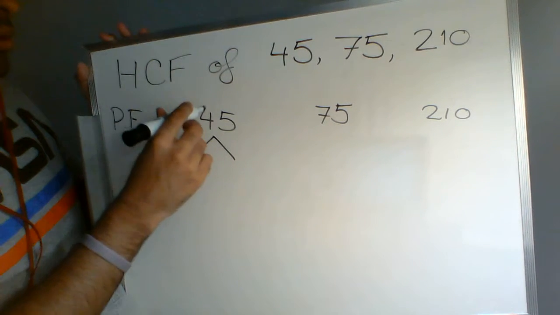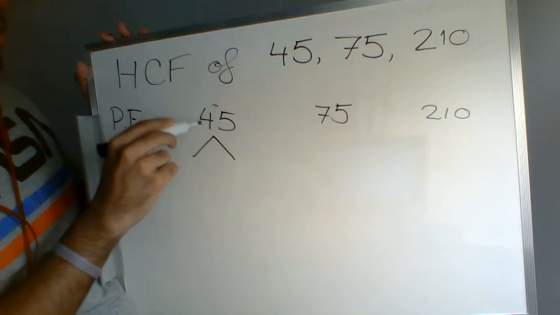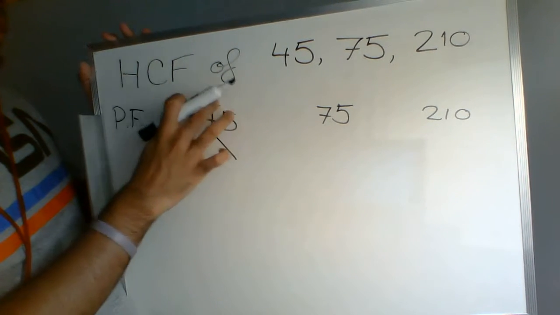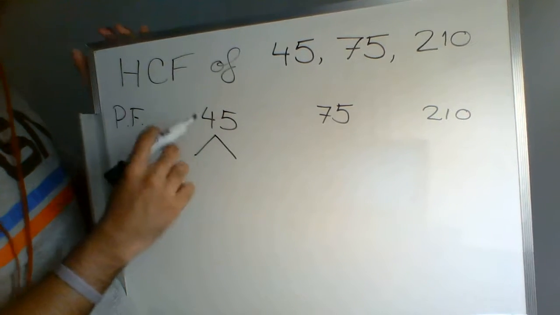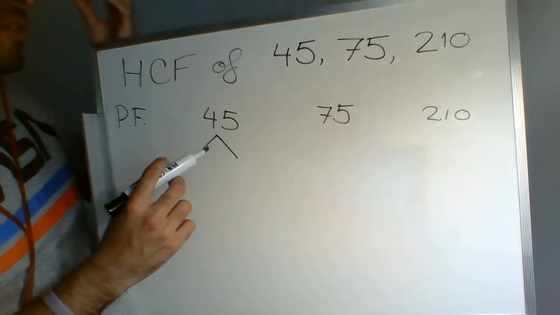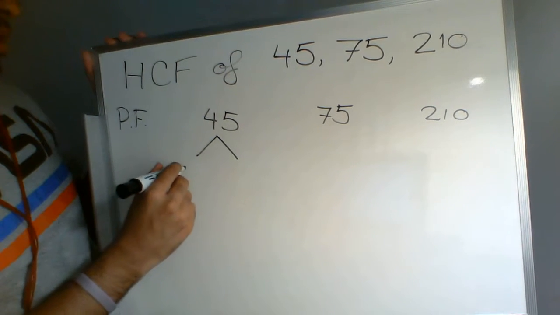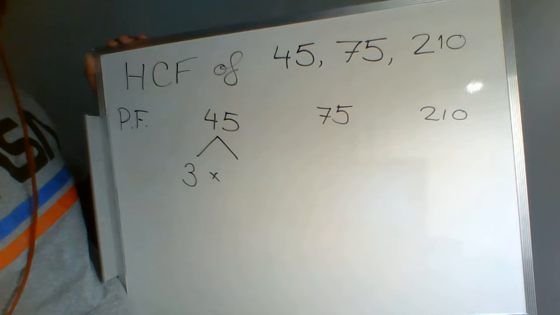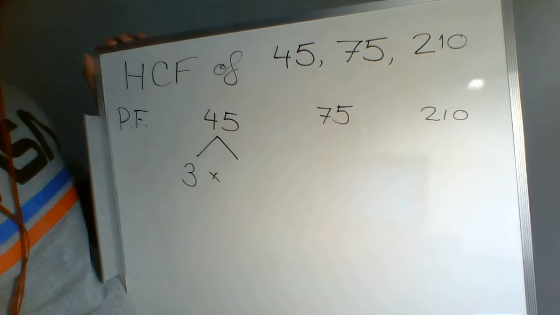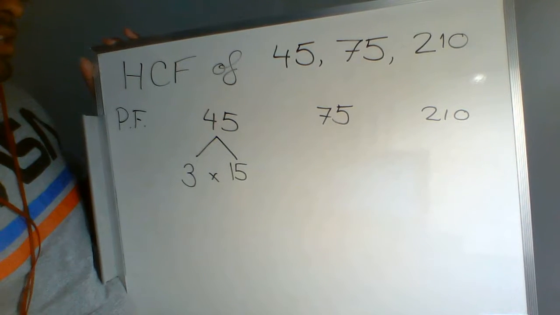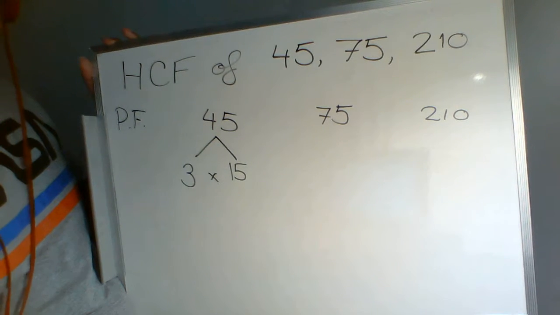If you wanted to check that, you could do 4 plus 5, and you get 9. 9 is divisible by 3, therefore this number in its entirety is also divisible by 3. So we put a 3 here, and then we ask ourselves, 3 times what number is going to give us 45? And we get that 3 times 15 is going to give us 45.